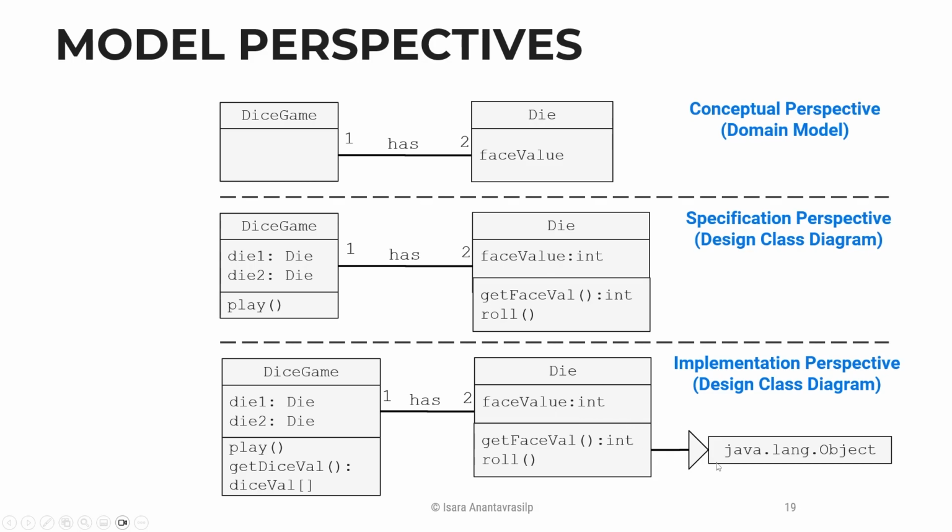Die is a subclass of Java lang object. This indicates that we are now depending on the platform, because as you can see in this example, Java lang object is the superclass of all classes in the Java language.